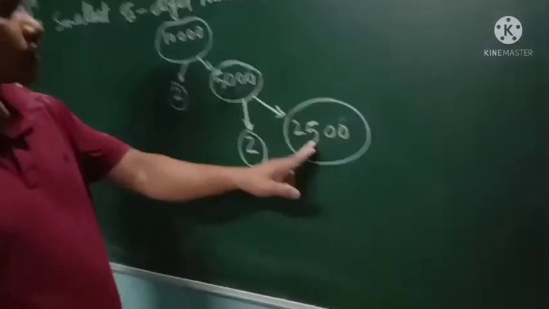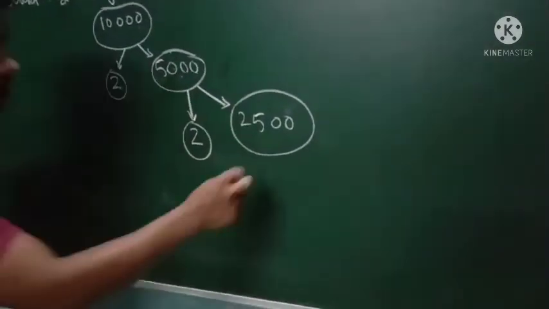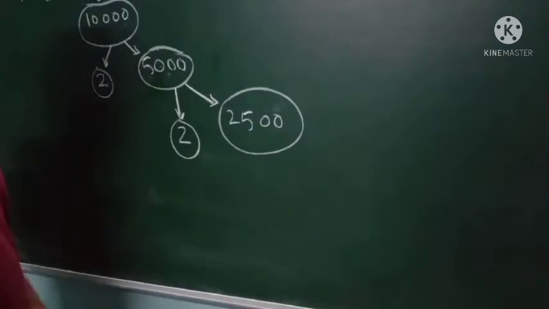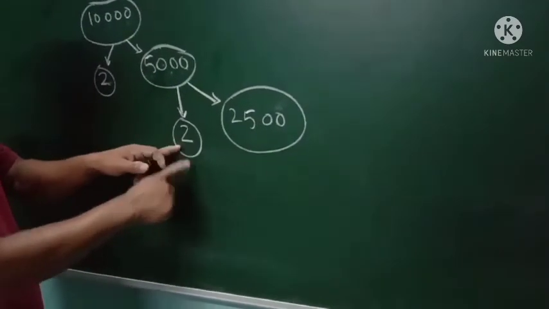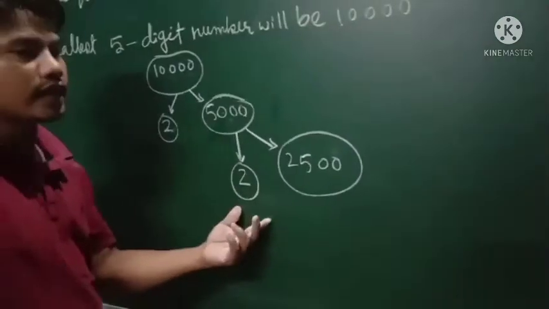So 2 into 2500 is 5,000. Again this 2 factor already ends, so no need to write again.